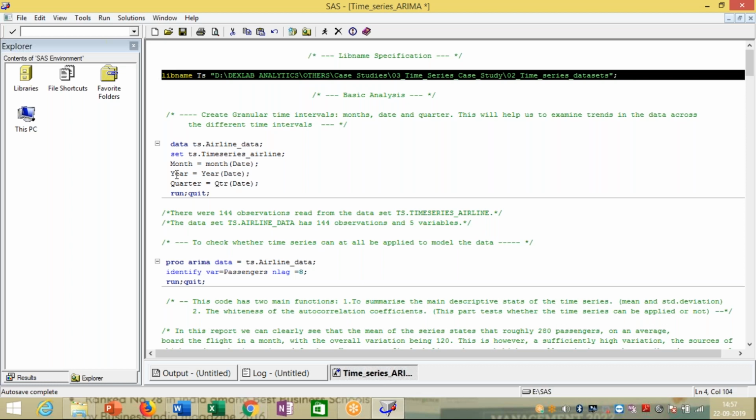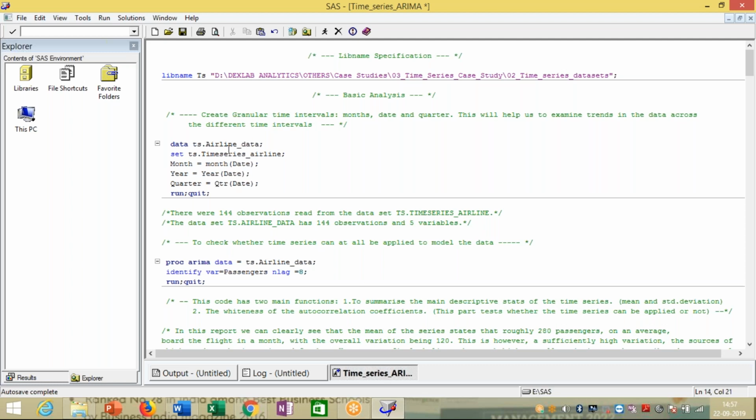So first of all, what I'm trying to do is just create the month, year and quarter. These are three basic date variables I'll be creating, and I'll create a backup data set called airline data.